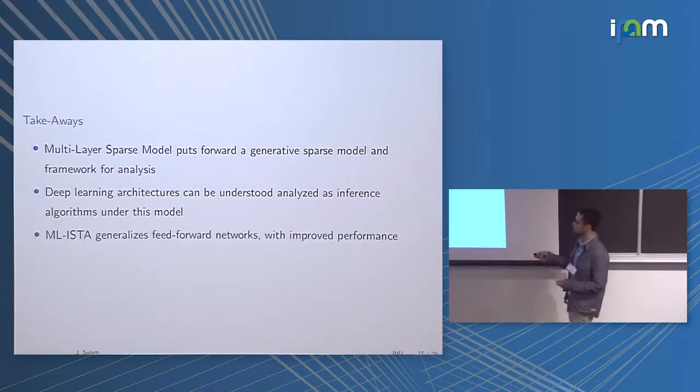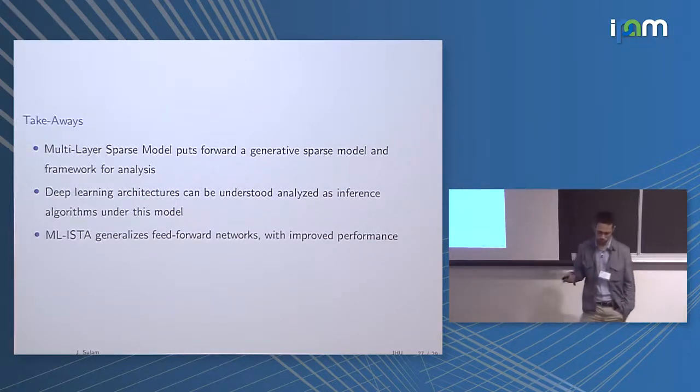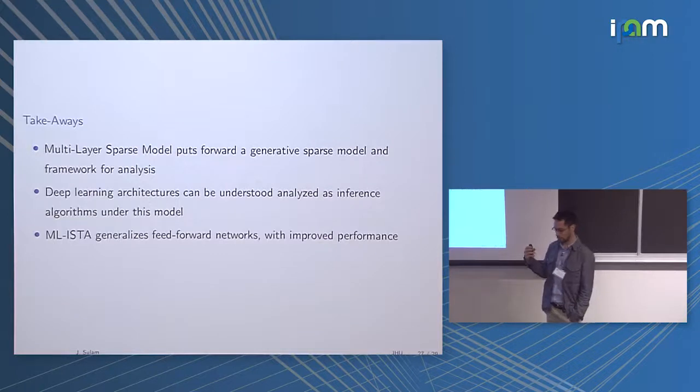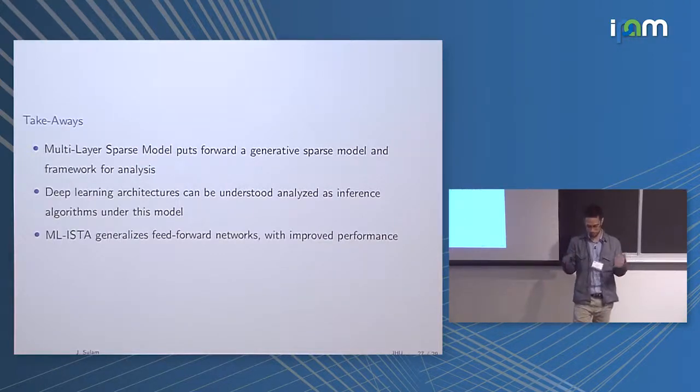In particular, this multi-layer ISTA algorithm that I just showed you does perform better in practice. So it's quite satisfying for us to finally be able to take inspiration from all these analytical principles and put them down in an algorithm that does better empirically.